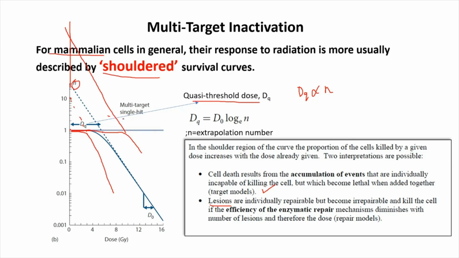So that's why it takes this amount of dose for these to work out, and those are the two models which describe why there is a shoulder region and why after this region the cells keep on dying, the one being the target model and the other being the repair model.